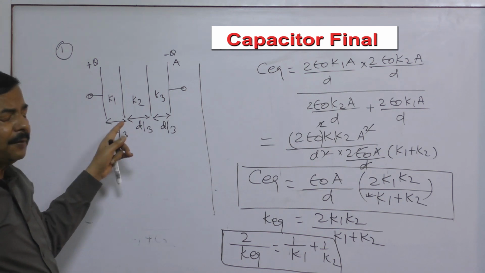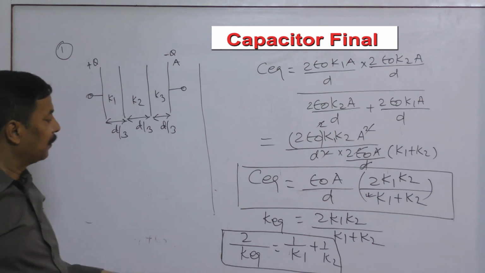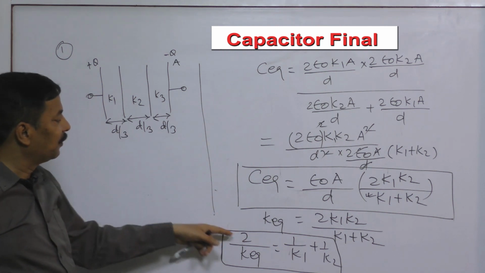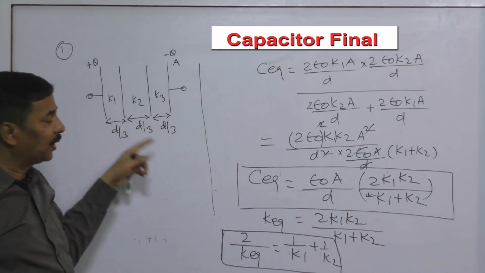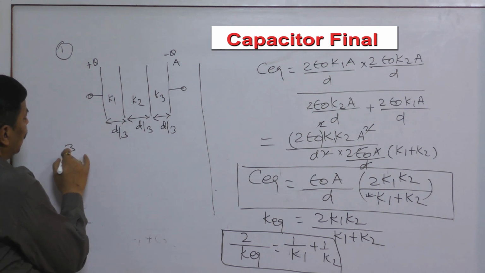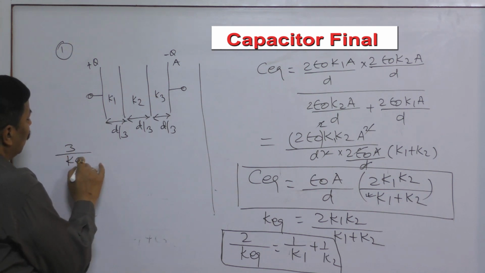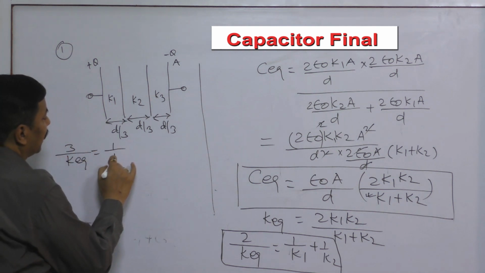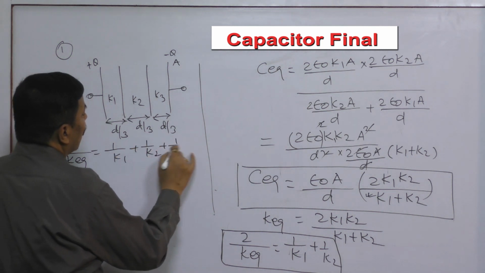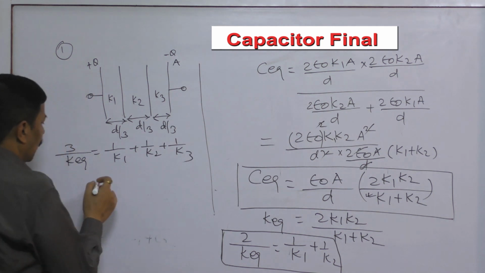So here we will first find the K equivalent by this same method. If 2 dielectrics are there, we use 2 here. If 3 dielectrics are there, we use 3. If 4 dielectrics are there, we use 4. So 3 by K equivalent is equal to 1 by K1 plus 1 by K2 plus 1 by K3.